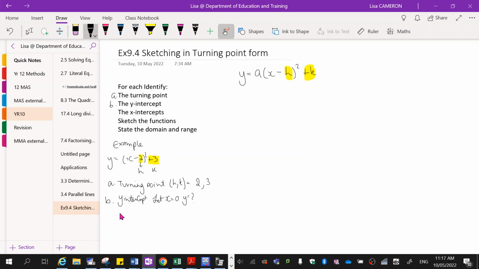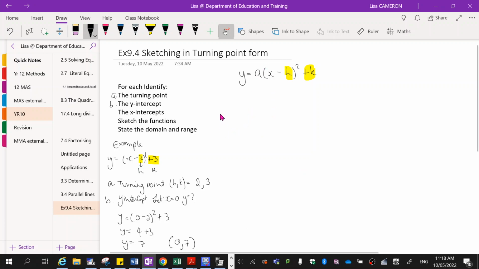So here, y equals 0 minus 2 squared plus 3. So negative 2 multiplied by negative 2 will give you positive 4, plus 3. So y equals 7. So the coordinate of our intercept is at (0, 7).